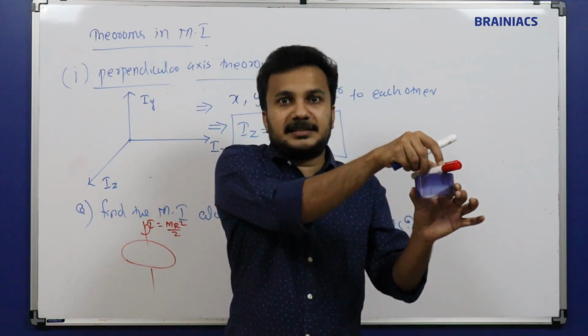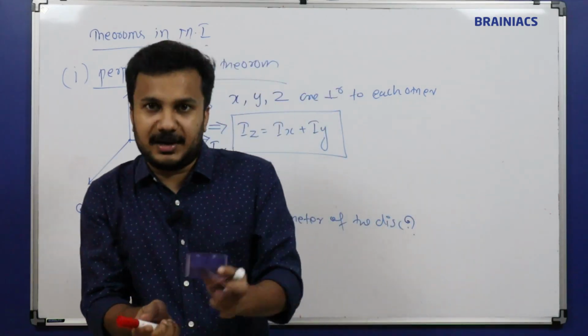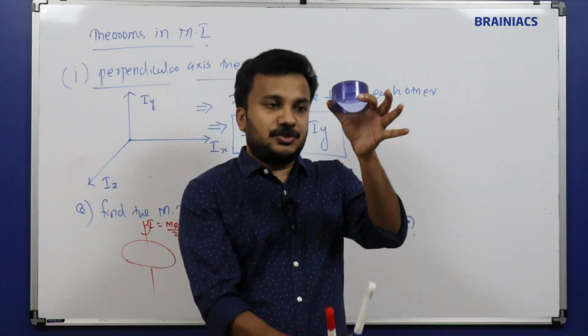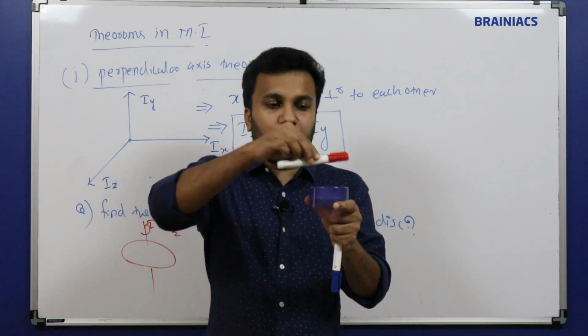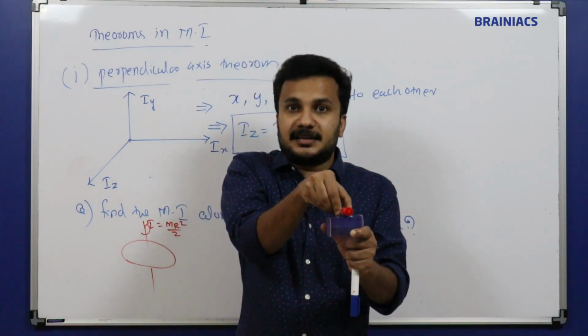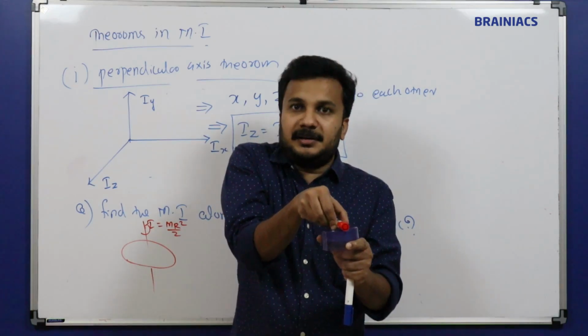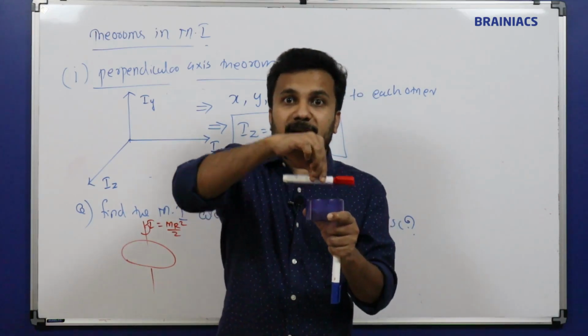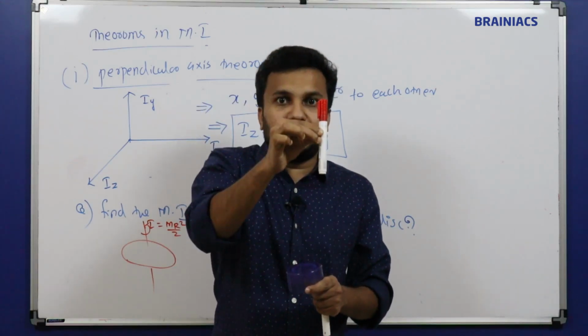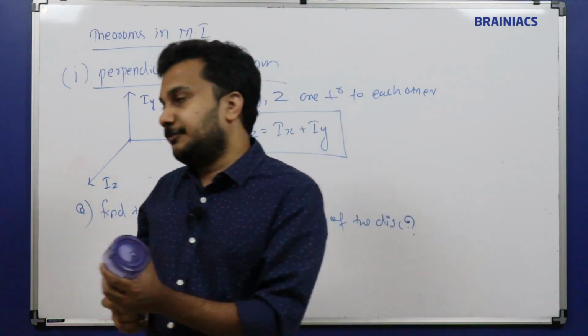So we have considered two axes. We have this axis passing through the center, for which we know MR square by 2. This is one axis, which is actually a diameter, and this is another axis, also a diameter. All three axes are perpendicular: these two axes are perpendicular to that axis.